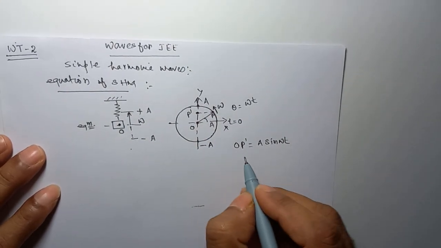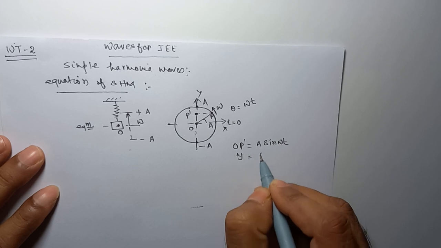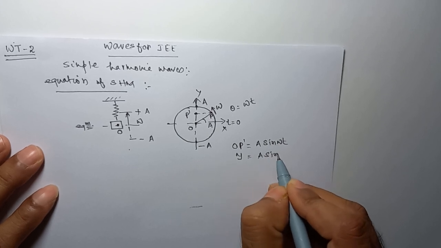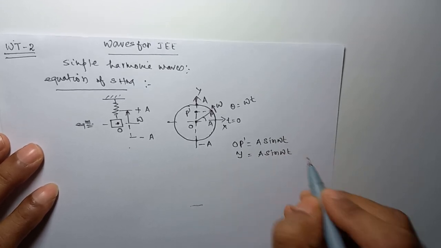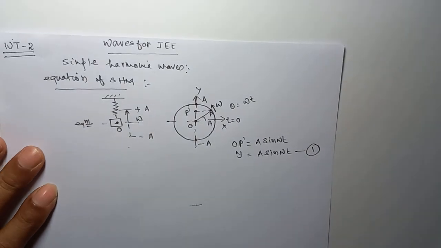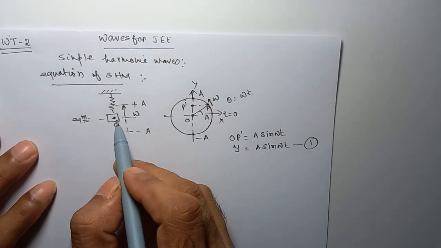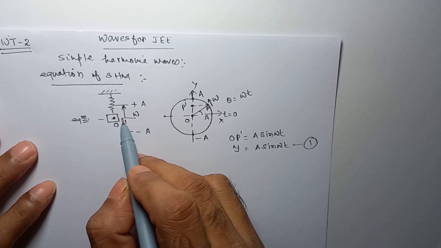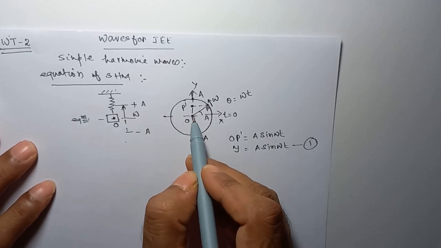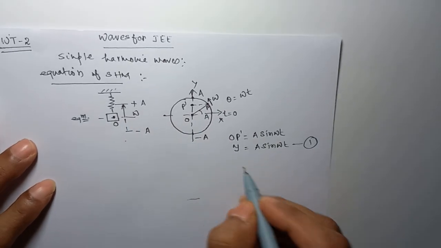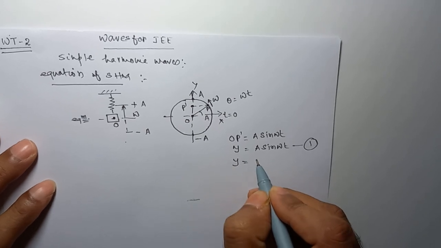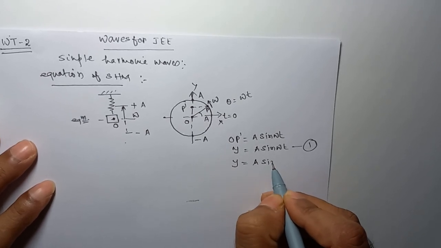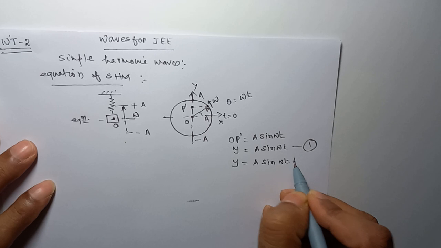And if we denote OP as y, then y is equal to A sine omega t. If this particle starts simple harmonic motion other than from the mean position, then we may write y is equal to A sine omega t plus phi.